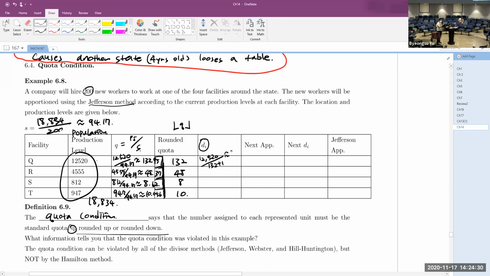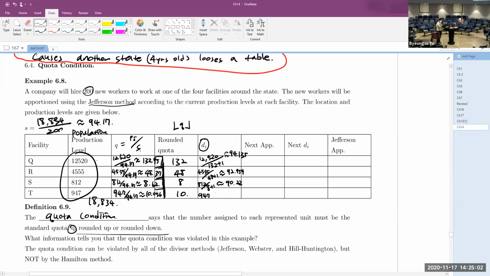So the first one is 94.135. And the second one is 4555 over 48 plus 1, which is almost 92.959. And the third one, 820 over 8 plus 1, is almost 90.22.